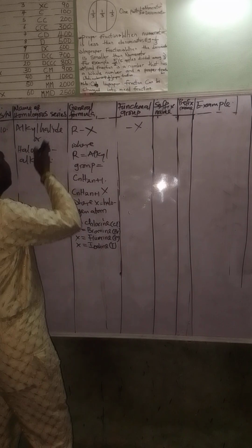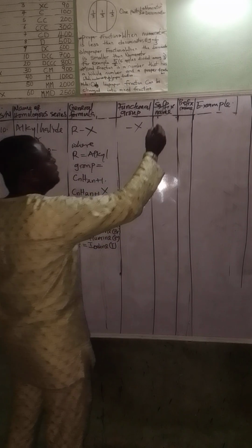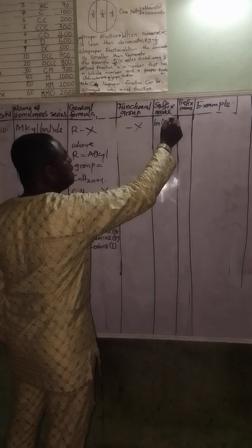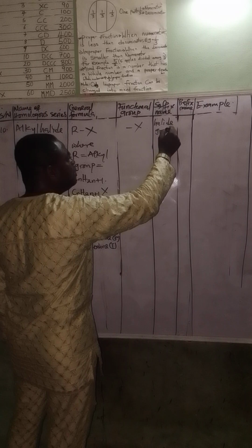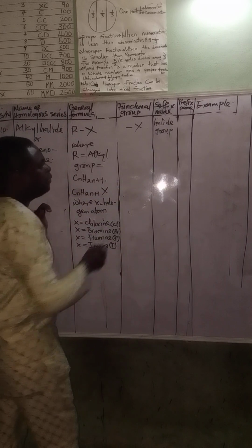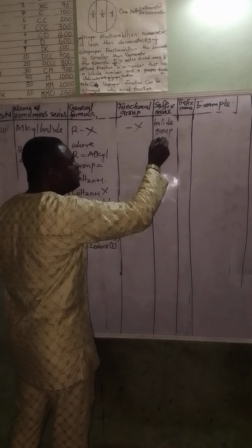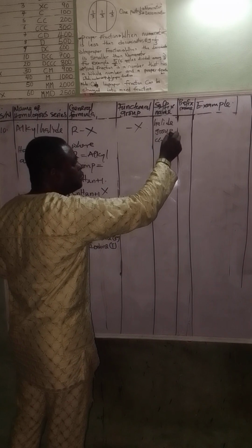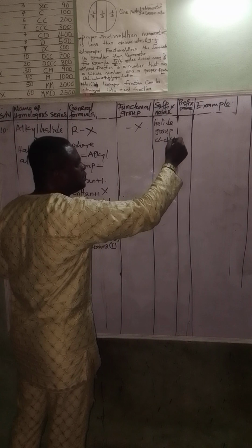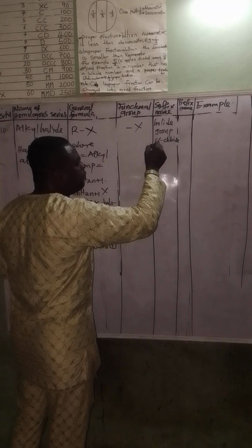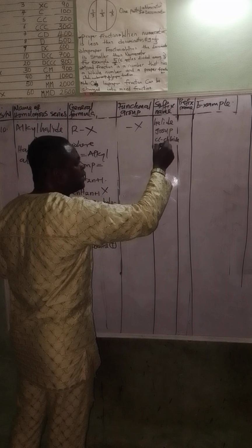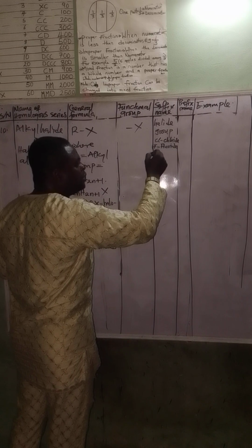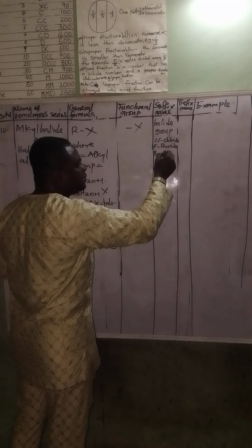If you are using the first type, halide, the suffix is halide. That halide group for chlorine will be called chloride. For fluorine, it will be fluoride. For bromine, it will be bromide.